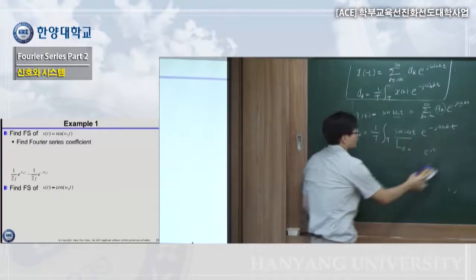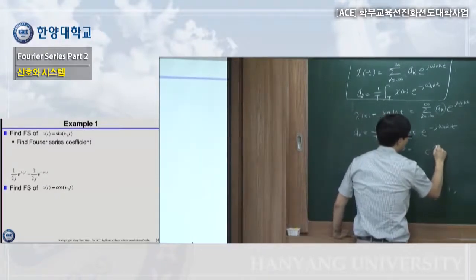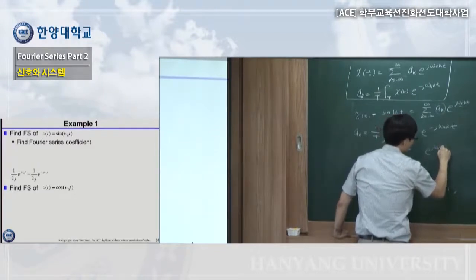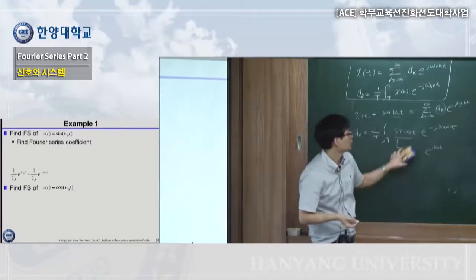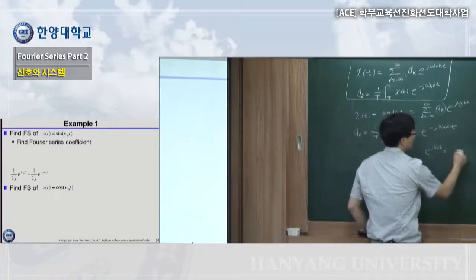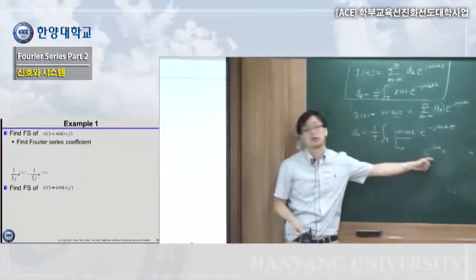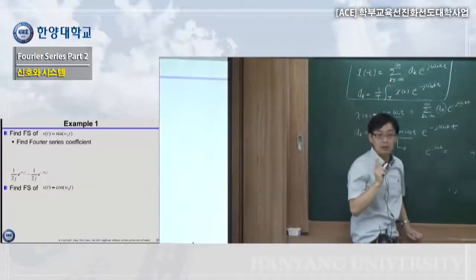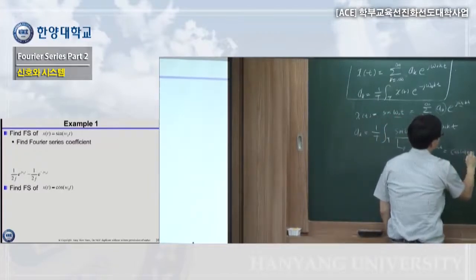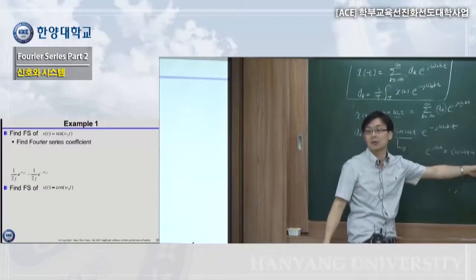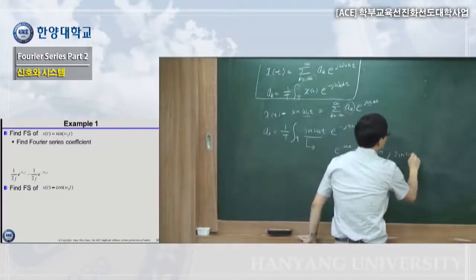Once again, e^{j omega 0 t}. If you want to divide it into real part plus imaginary part, what will be the real part? Cosine omega 0 t, right? What will be the imaginary part? Sine omega 0 t.